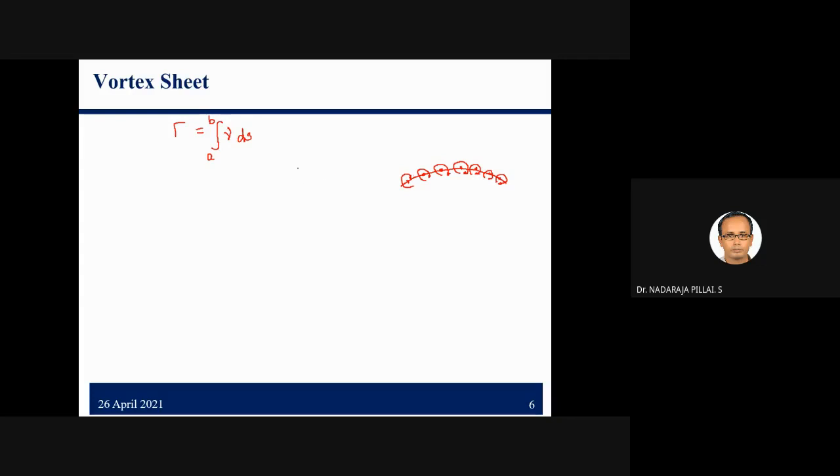Now I take a rectangular dashed path just to represent, in order to calculate the circulation. So I will take this as dn, and this is ds.